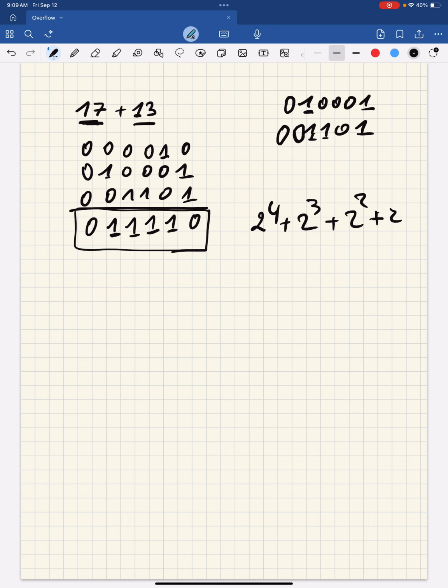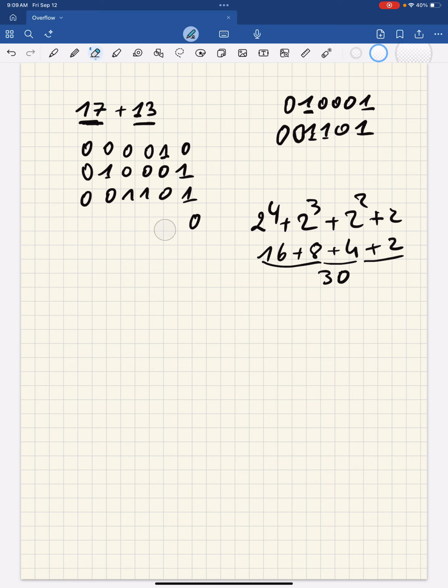So that is 16 plus 8 plus 4 plus 2. 16 plus 8, that's 24, plus 4 here, 28, and then plus 2 here, 30. So we have now 13 plus 17 gives us the value of 30. So our result is correct.